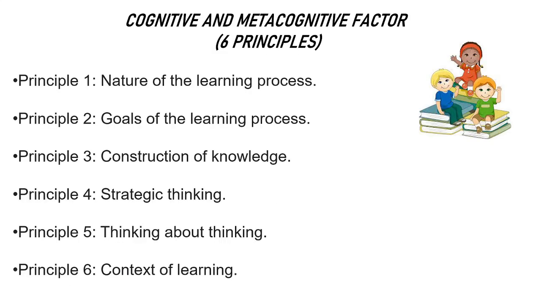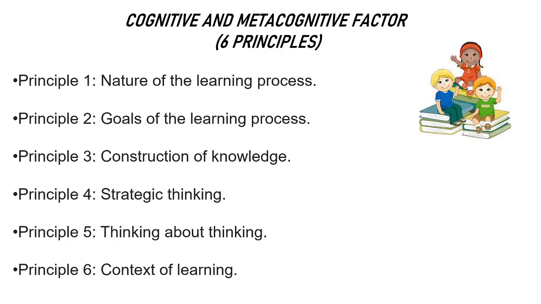Alright, so these are the 6 principles under cognitive and metacognitive factors. The first principle is nature of the learning process. Second principle is goals of the learning process. The third principle is the construction of knowledge. The fourth principle is strategic thinking.